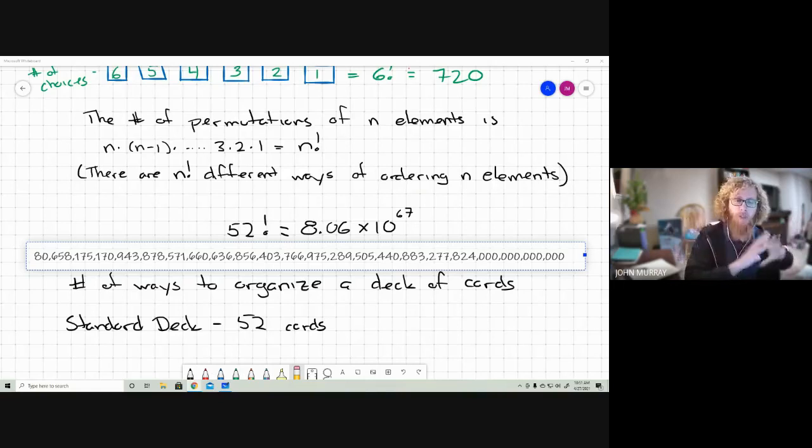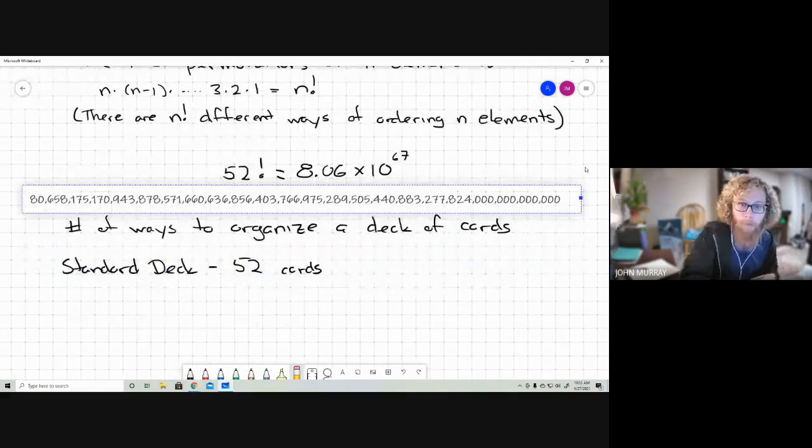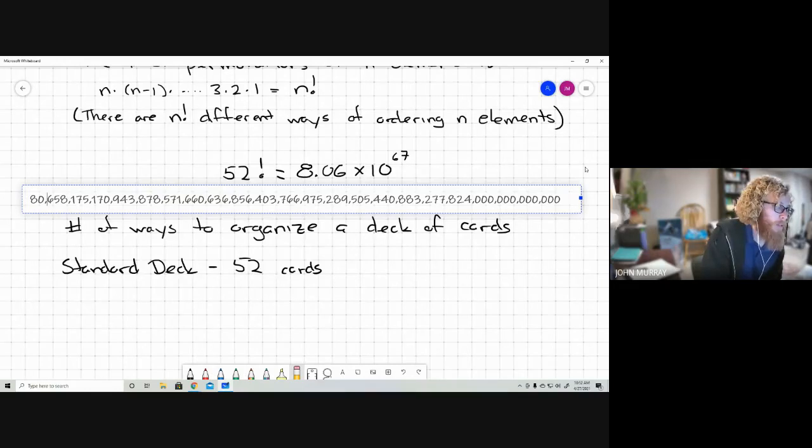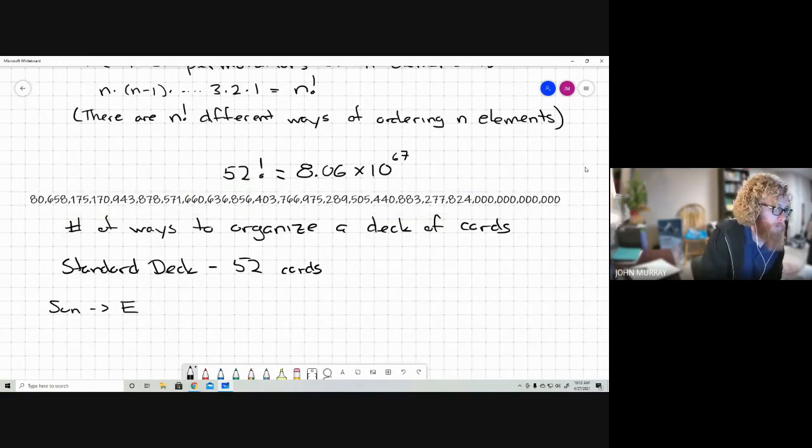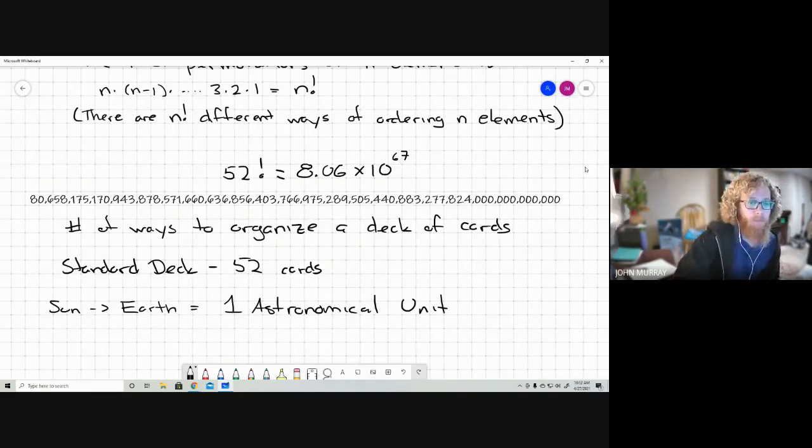This number is beyond astronomical. Let me get some comparisons here for you. The distance from the sun to the earth, in the physics world, is called 1 astronomical unit. It's a large way to measure things in space, okay?